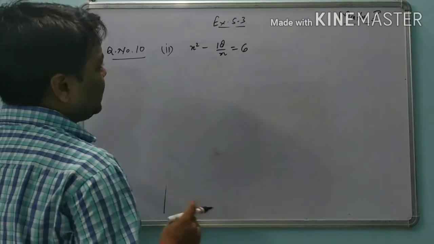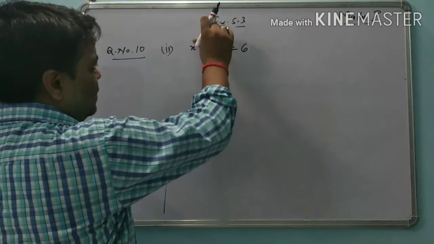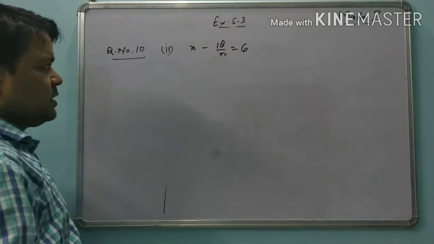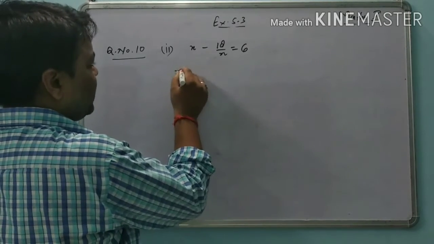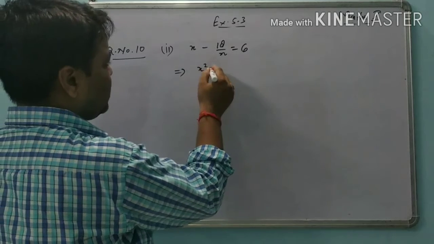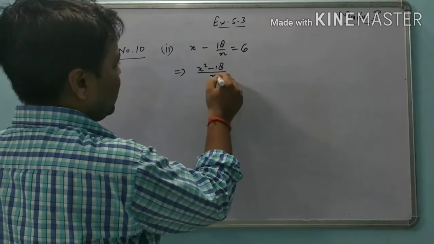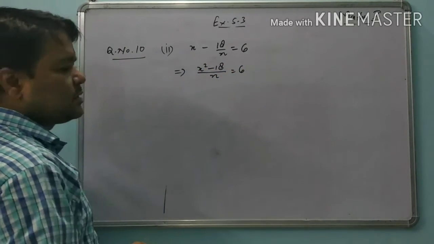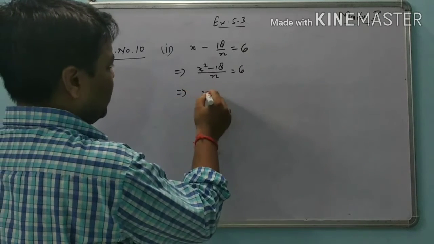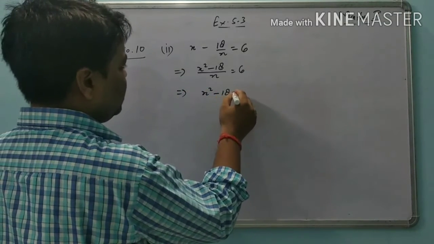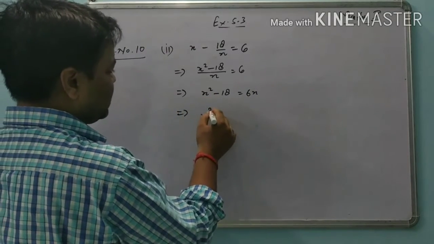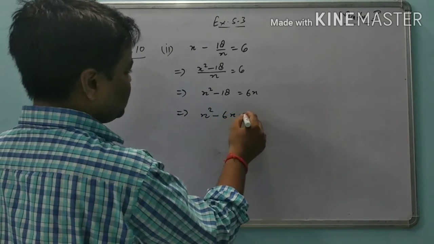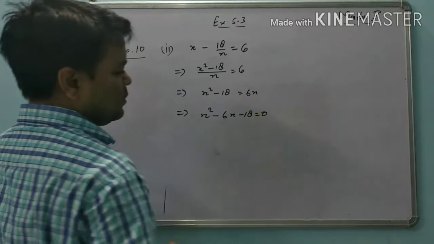Here, x minus 18 by x is equal to 6. Then x square minus 18 by x is equal to 6, so x square minus 18 is equal to 6x. This can be written as x square minus 6x minus 18 is equal to 0.